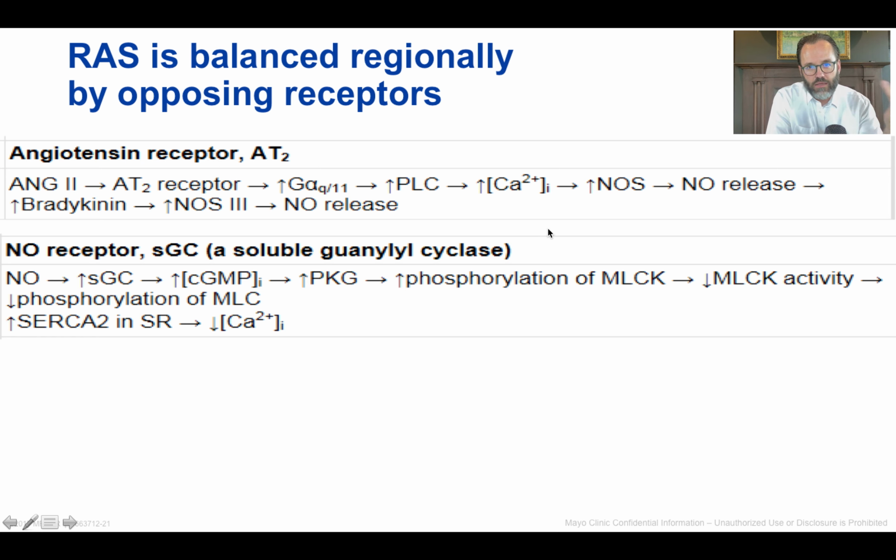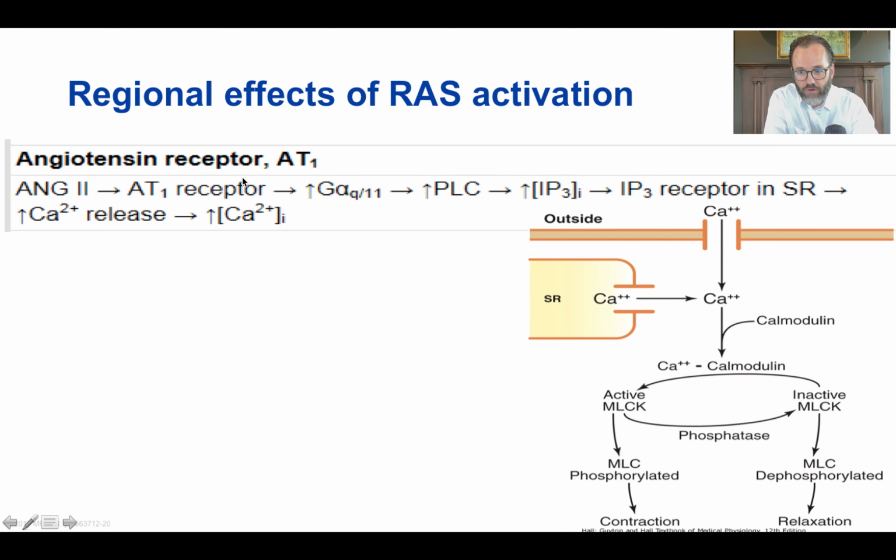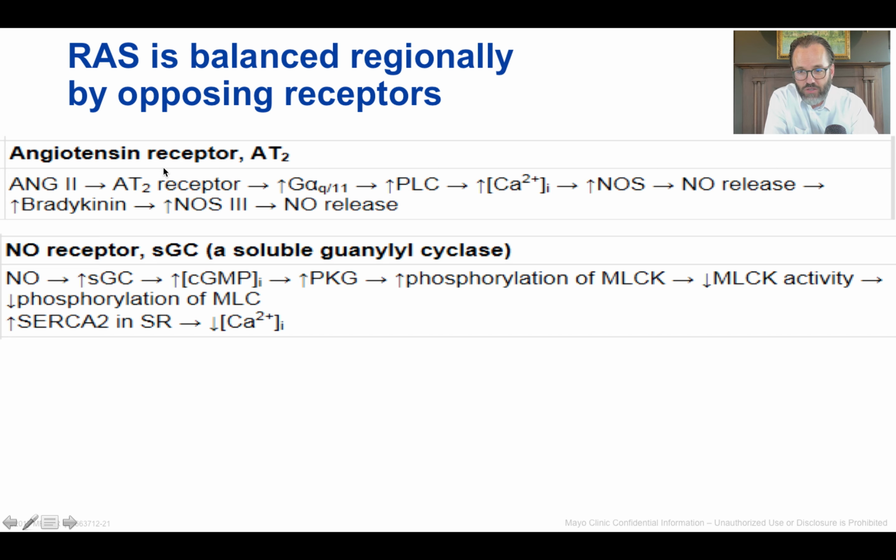Now, importantly, with the renin-angiotensin system, there are also balancing mechanisms that act locally as well. So the AT2 receptor, over here we're talking about AT1 receptor activation, which is deleterious in the context of disease. The AT2 receptor is actually beneficial in many ways. And so there, what we have is an increase in AT2 receptor activation.